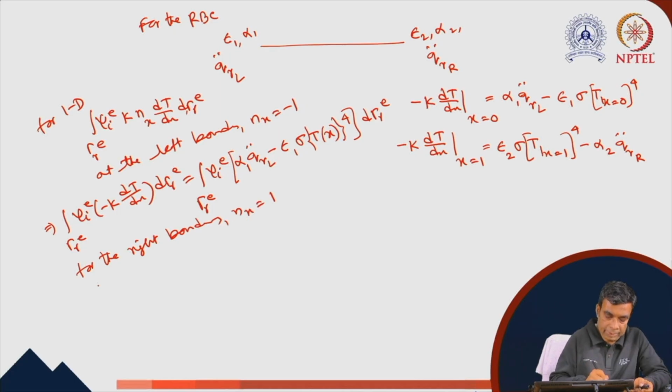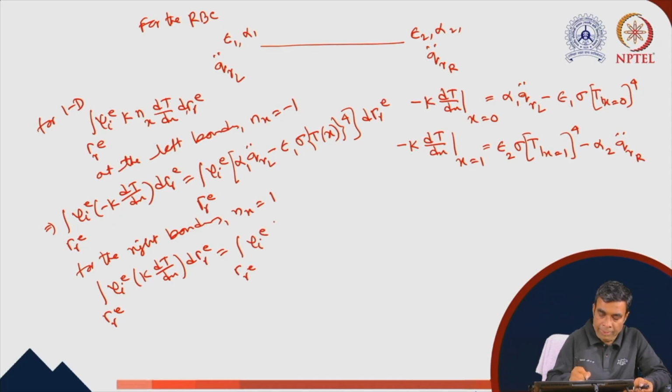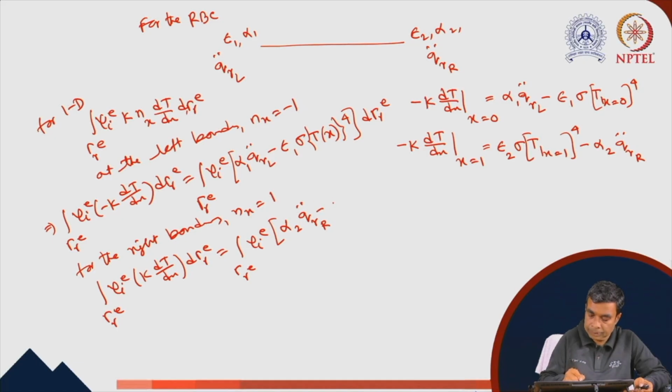For the right boundary, our n_x equals 1. This gives us integration over Γ_RE of ψ_IE k dT/dx dΓ_RE equals integration over Γ_RE of ψ_IE. For the right boundary, this is alpha 2 Q_R double dot R minus epsilon 2 sigma T(x) to the power 4 dΓ_RE.